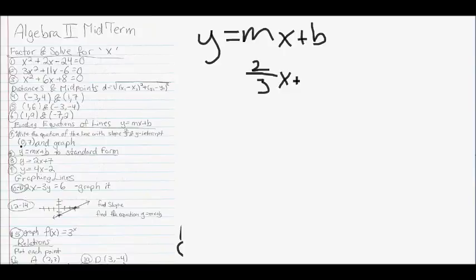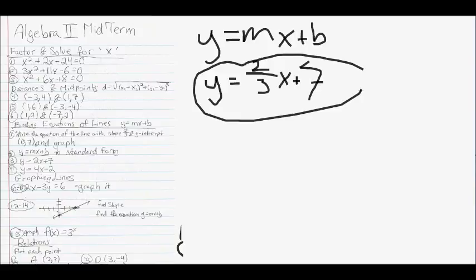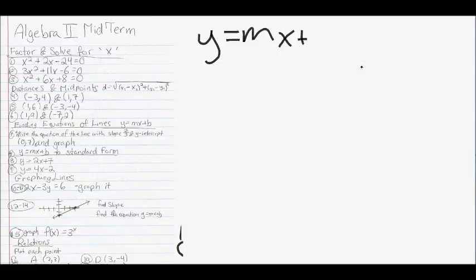For b, we have in the question 0 and 7. When we have a 0 here, we can use y equals mx plus b. We just have to put the 7 for our b. So y equals this. That's all we had to write. Easy.